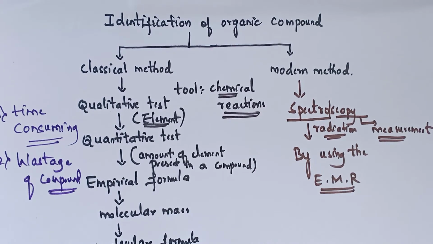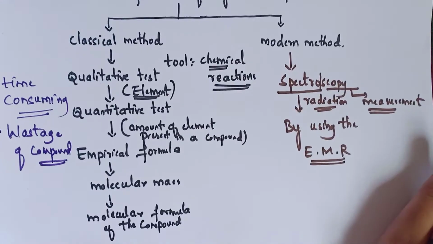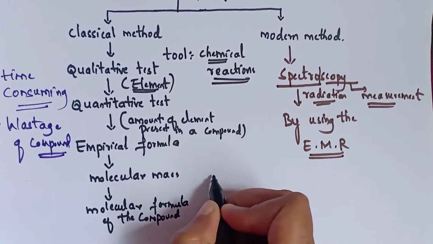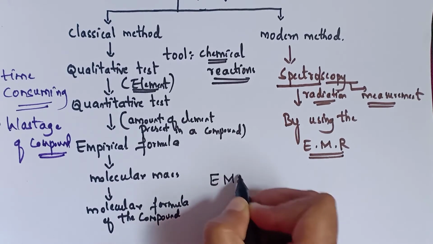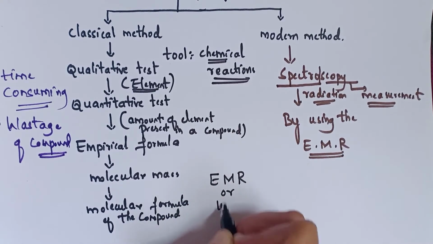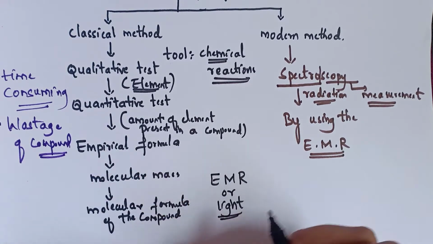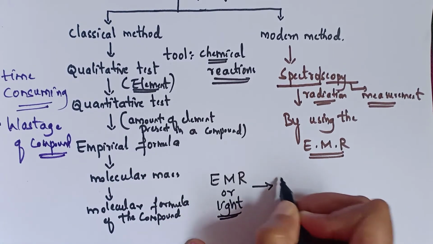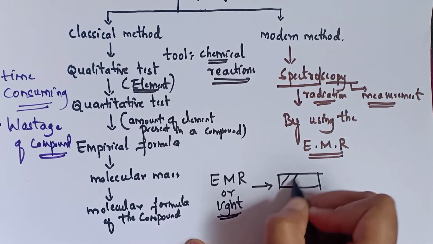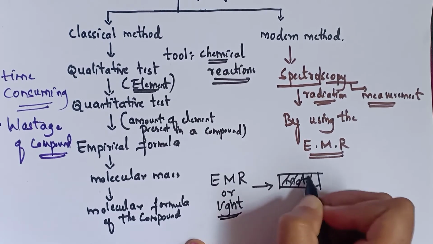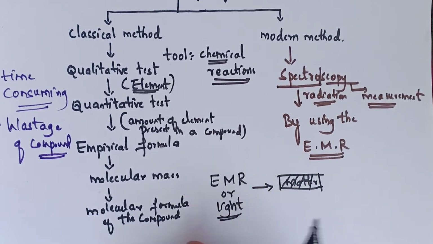Now, let us see how these electromagnetic radiations will give us the information about the organic compound. Here are the electromagnetic radiations or light. Both are the same. See here is a matter, or the compound under study.